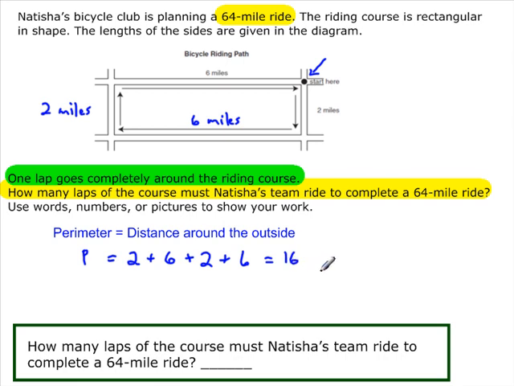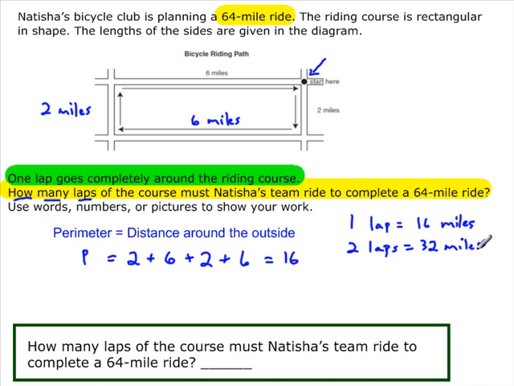So then the question asks, how many laps? Well, let's go ahead and make a little list here. One lap is 16 miles. So that means 2 laps must be twice that, or another 16, which would be 32 miles.